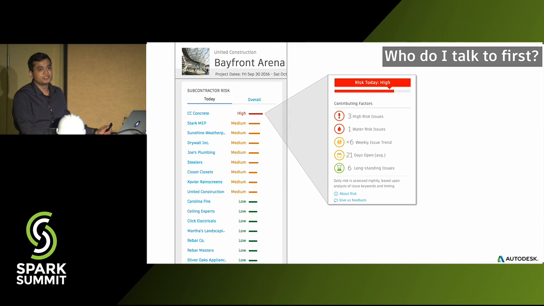So what we do for them is we create a prioritized list for all the companies on their construction project, prioritized by how much risk a particular company is carrying.